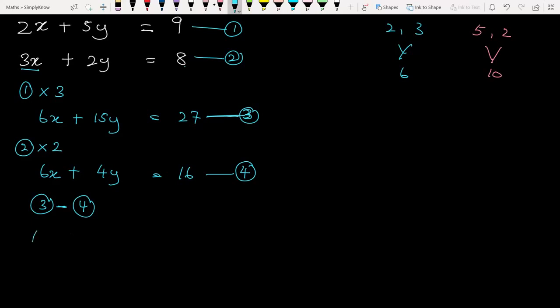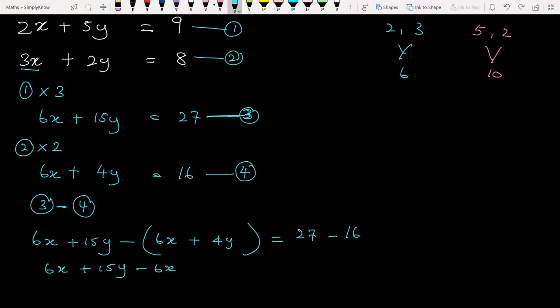Left side of third equation is 6x plus 15y minus, within the brackets, left side of the fourth equation, 6x plus 4y equals 27 minus 16. Let's remove the brackets. Minus 6x and minus 4y. 27 minus 16 is 11.